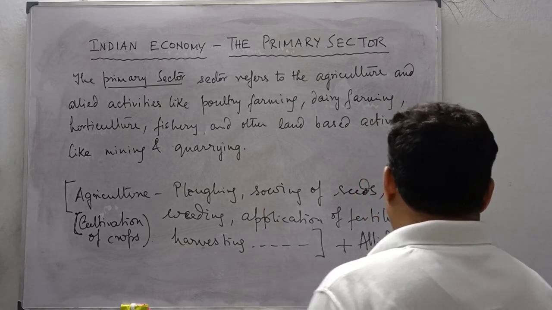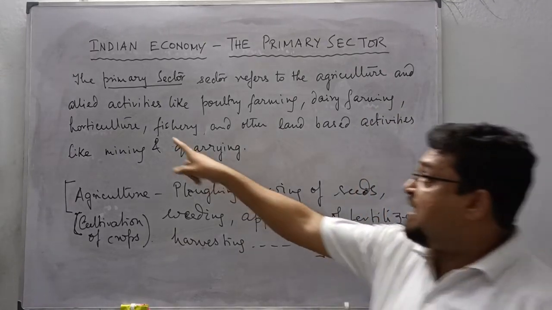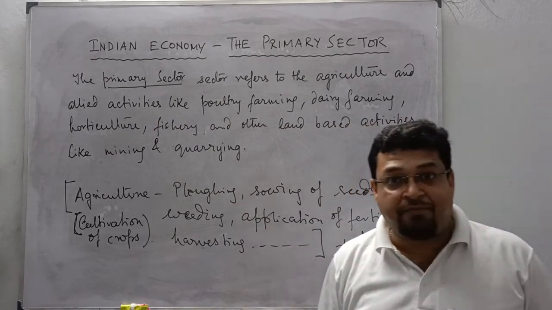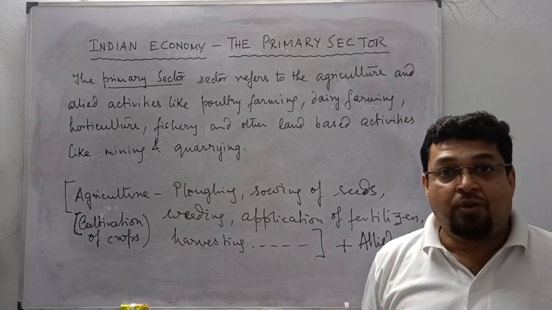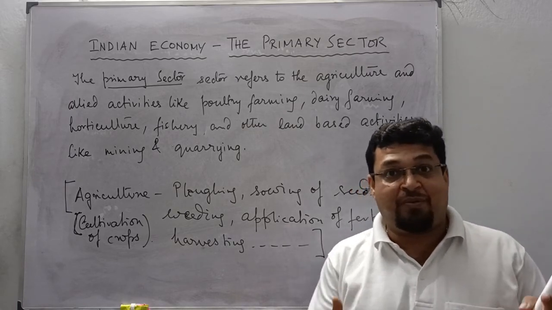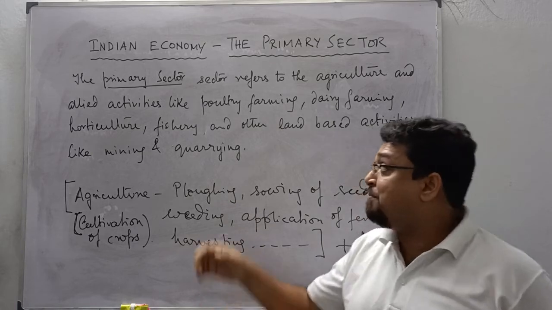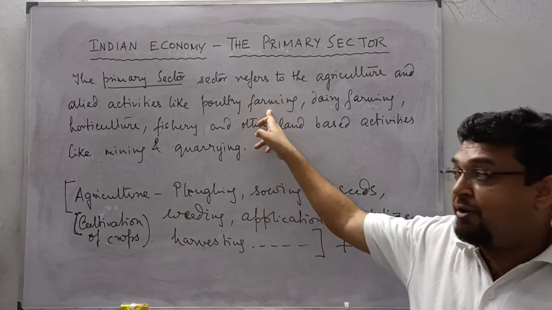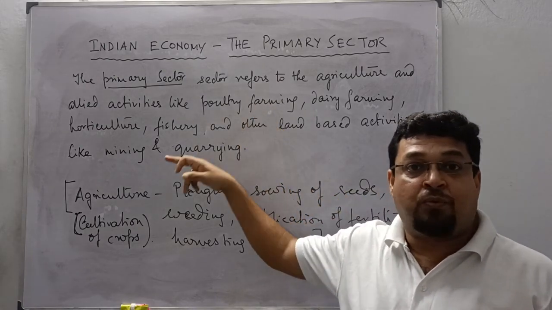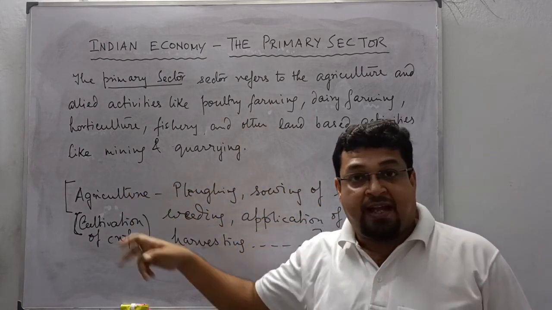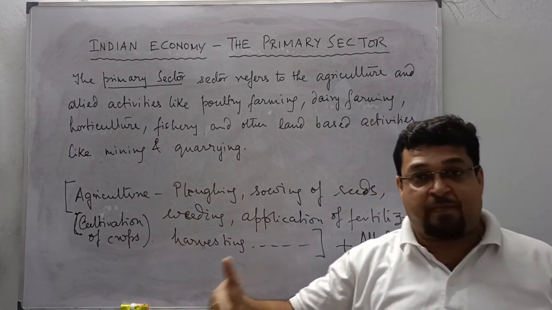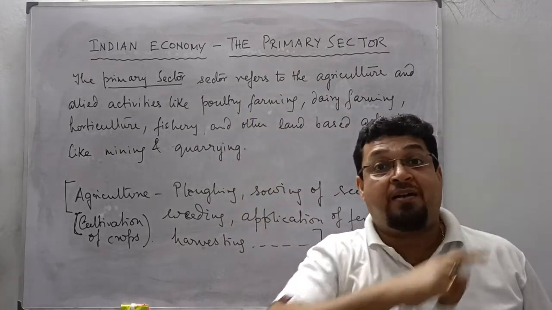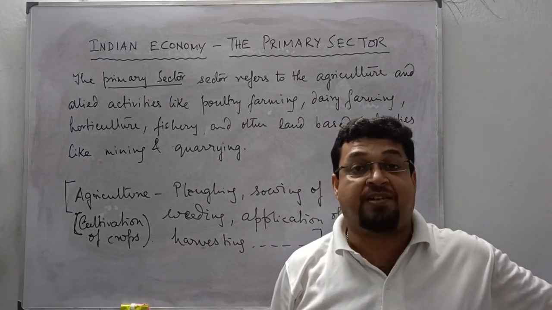Now what are these allied activities? They may be poultry farming, fisheries, dairy farming, and rearing of cattle and hens on the farm. Please be careful with the spelling of farm, F-A-R-M. For agricultural activities or farming we use F-A-R-M. The same pronunciation with a different spelling, F-I-R-M, refers to manufacturing units, that is, industrial units.